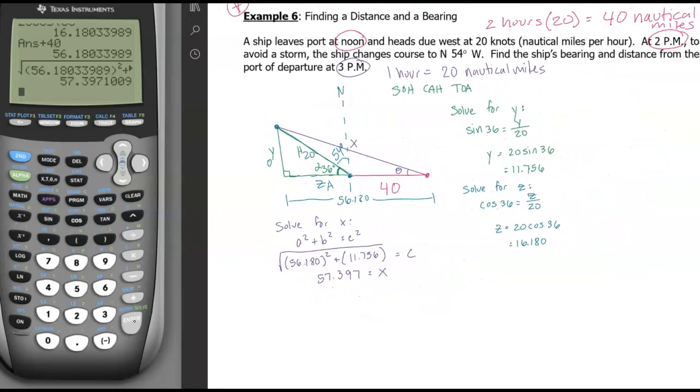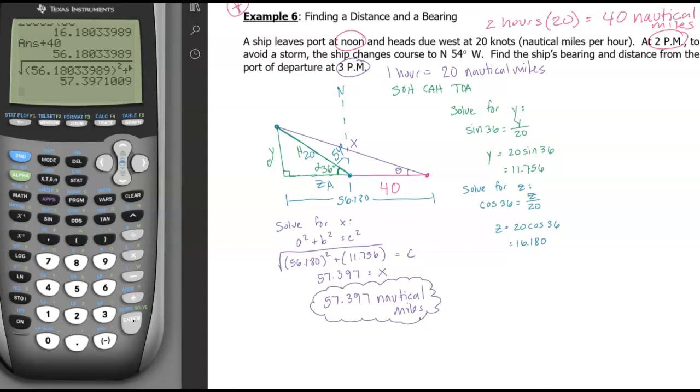Now that's the distance from the port of departure, and that's 57.397 nautical miles. That's what we're first solving for, is the distance. Then we also need to solve for the bearing.